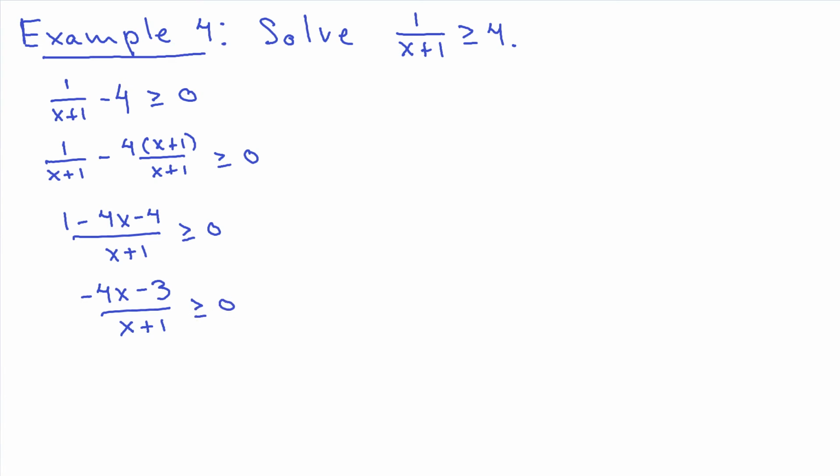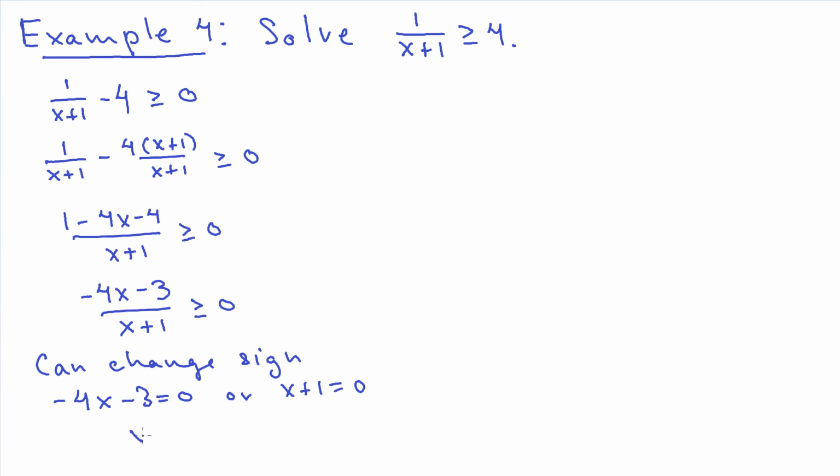0. And so remember what we said back a couple slides ago is that when we have a quotient of polynomials, it can change sign when either the top or the bottom is equal to 0. So I need to worry about when minus 4x minus 3 is equal to 0, or when x plus 1 is equal to 0.